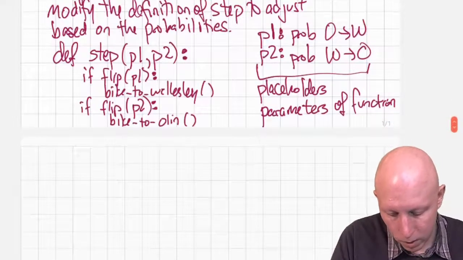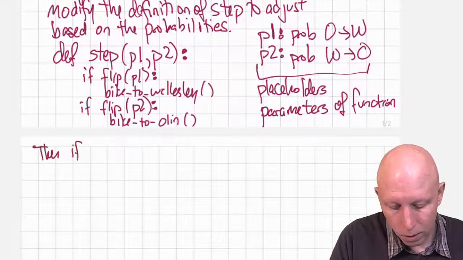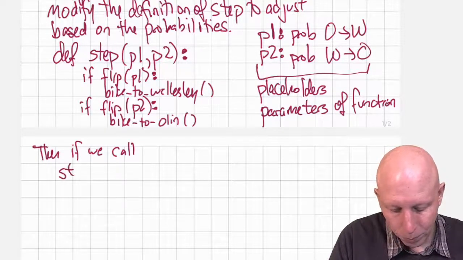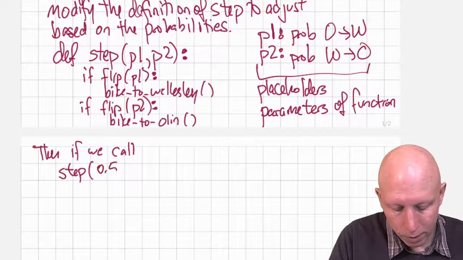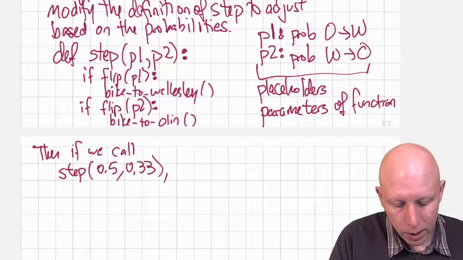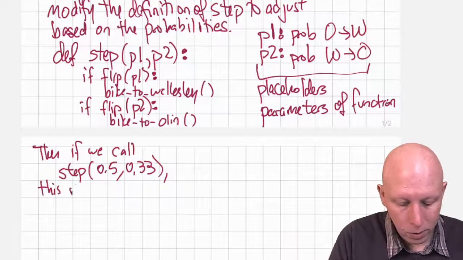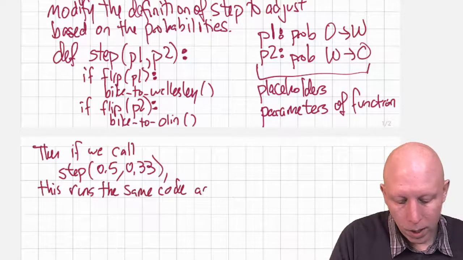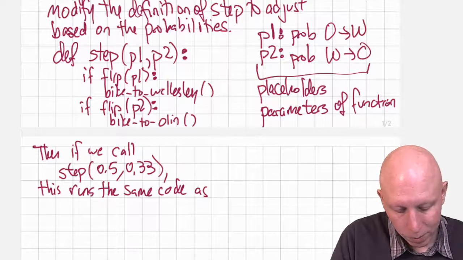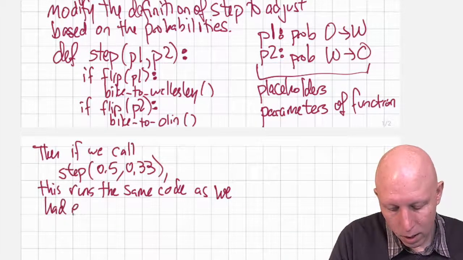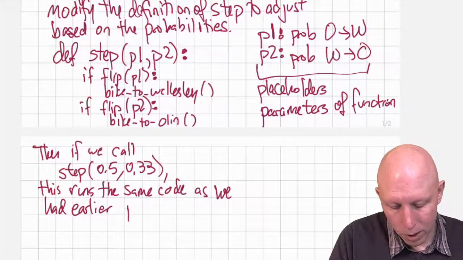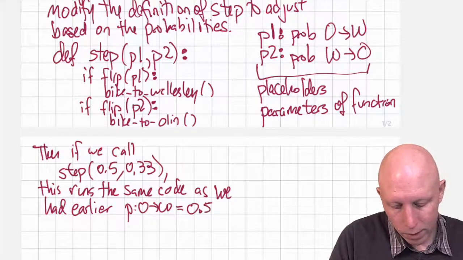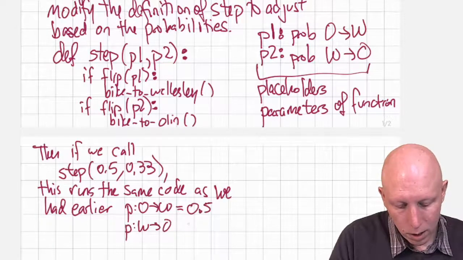And then if we type in as code step of 0.5, comma 0.33, this runs the same code as we had earlier, with the probability that we go from Olin to Wellesley being 0.5, and the probability that we go from Wellesley to Olin being 0.33.